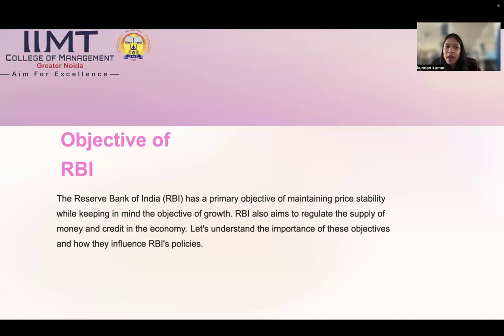As per the RBI Act 1934, the objectives of the Reserve Bank of India are as follows. First one, to run the nation's currency and credit system. Second, to maintain reserves for securing monetary policy stability in India. Third, to govern the issue of banknotes.